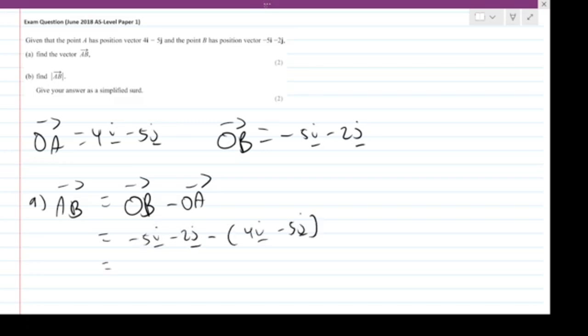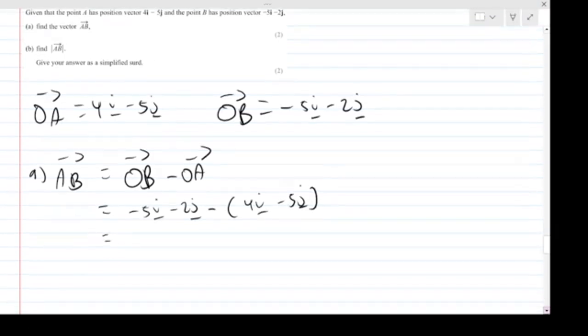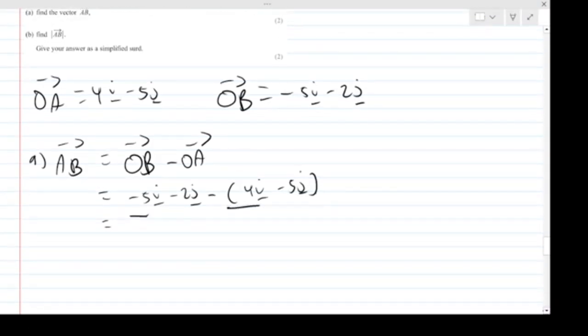Minus 5i minus 4i is minus 9i. Then minus 2j minus 5j is a double negative, so minus 2j add 5j would be plus 3j. And there we are, that's my vector AB.